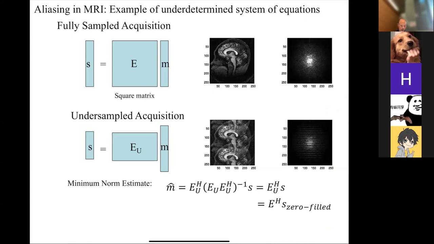But we can also look at it from the minimum norm estimate point of view, which is essentially finding the estimate that can be represented by the Fourier components I've kept.